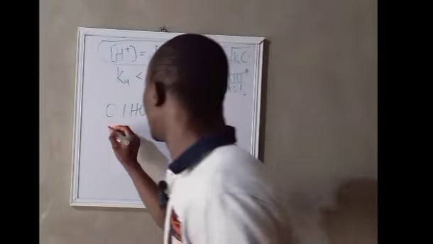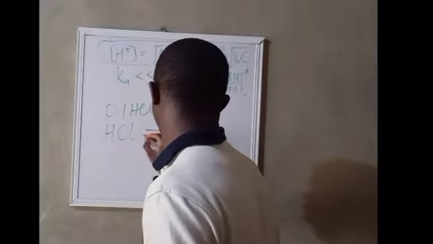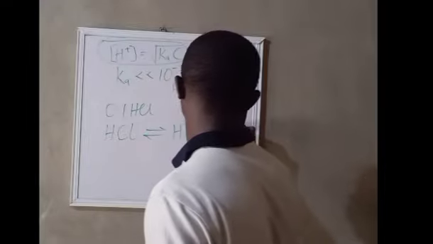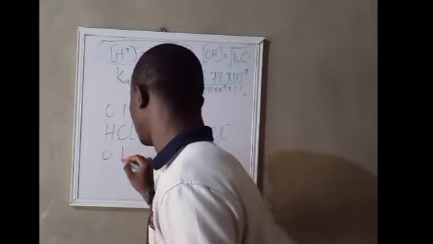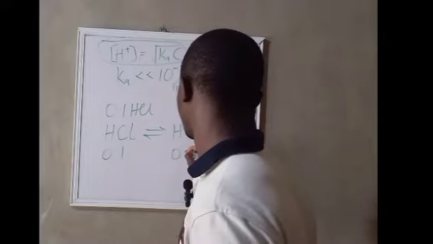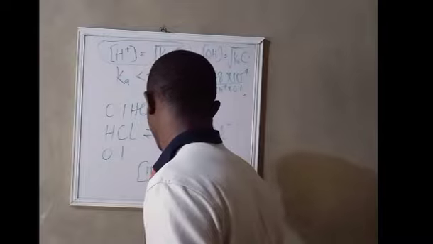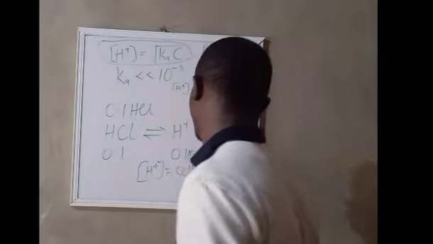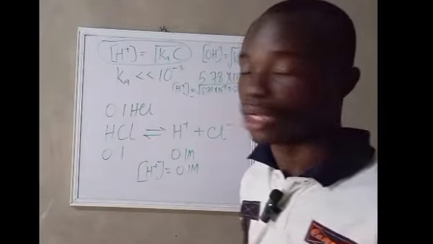A strong acid dissociates to produce H+ and Cl-. So 0.1 molar of this will also produce 0.1 molar of H+, which means the concentration of H+ here would also be equal to 0.1 molar. Then you just use this concentration to get your pH, and that's fine.